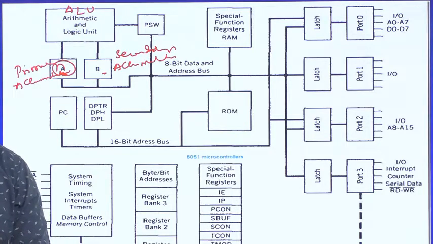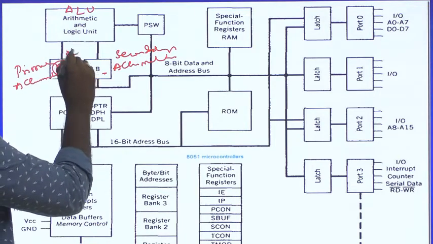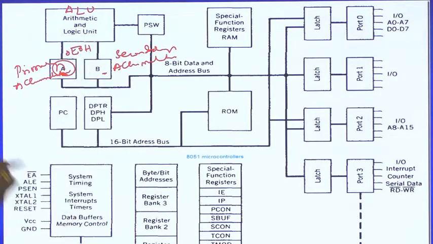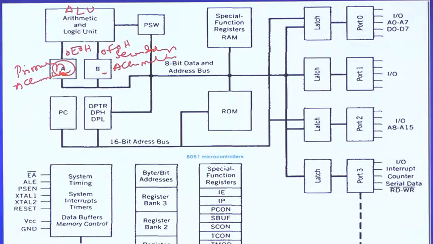Coming to the A and B registers, register A has the address 0E0H and the address of the B register is 0F0H. That means we can call the A and B registers in your program by using their names A and B, or by using their addresses, 0E0H and 0F0H. You have that flexibility.